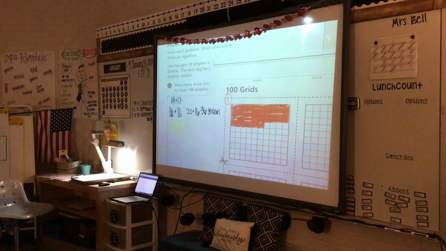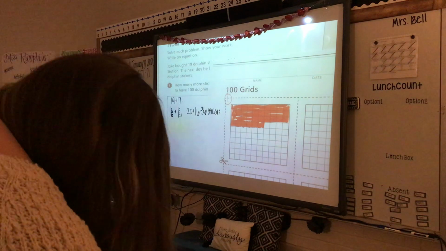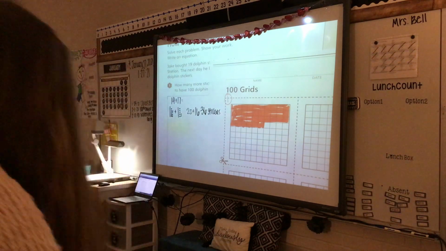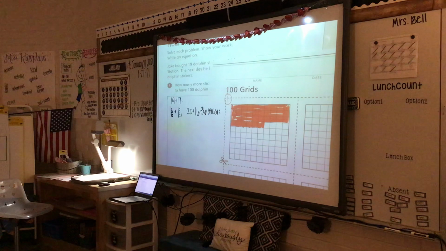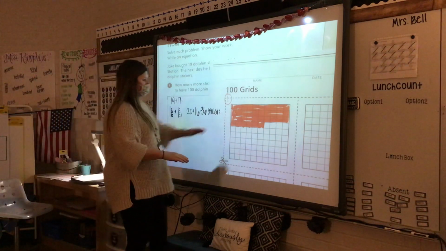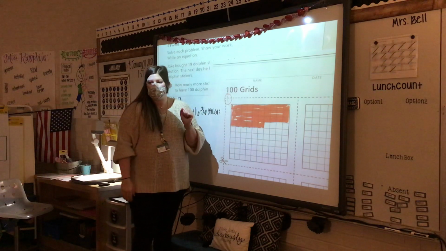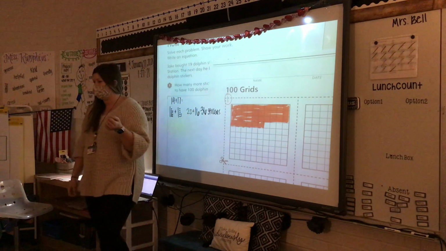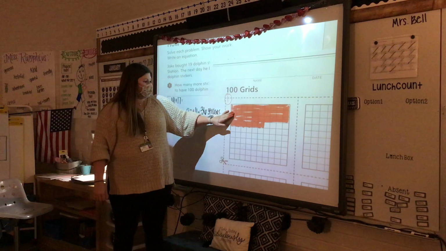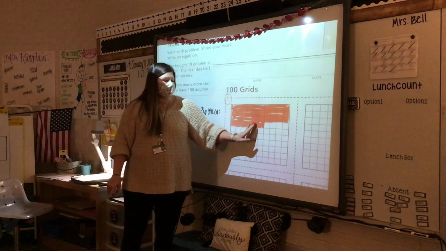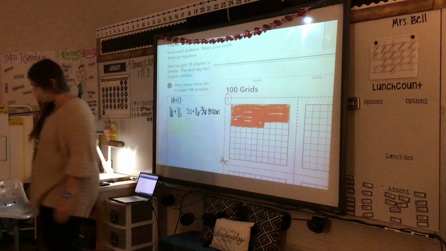Olivia, did you? Evelyn, what's your name? Boys and girls, it's really important that you make sure you color the exact amount of squares, because if you only color this many and you forget to color the rest, you're going to be off on your answer, okay? So make sure you have 10, 20, 30, and 1, 2, 3, 4, 5, 6, 36 shaded in.